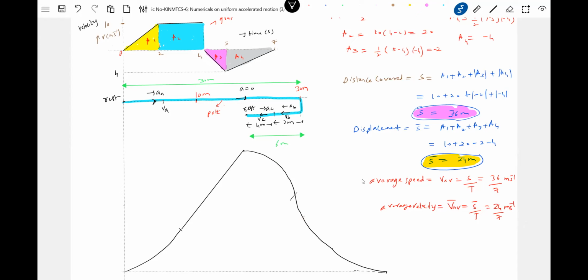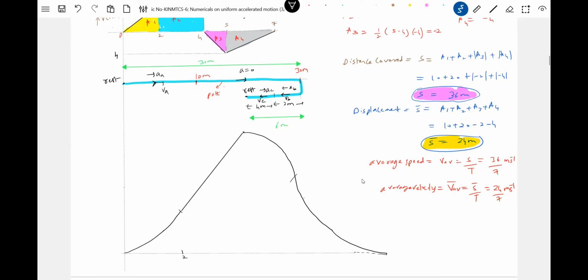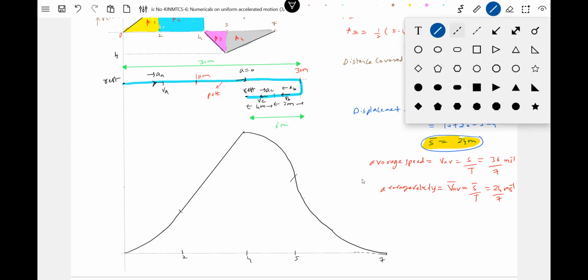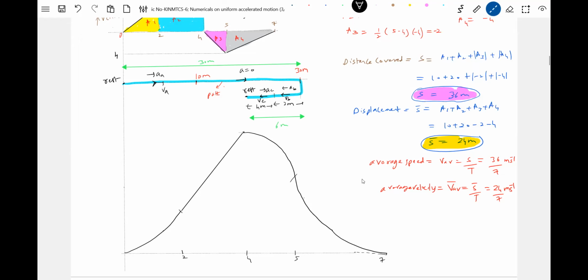Okay, this is the time 2. This is 4. This is 5. This is 7. From the beginning only, students should develop this ability to plot graphs. That's why I just included it here. All the respective things I'm showing.